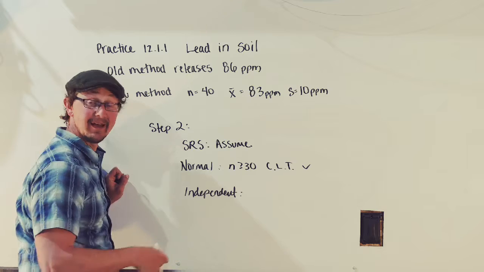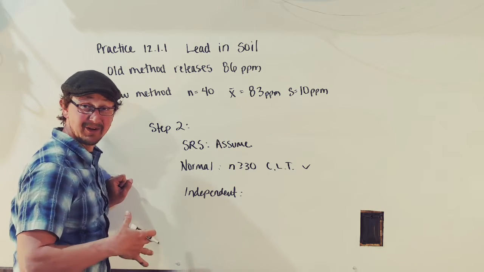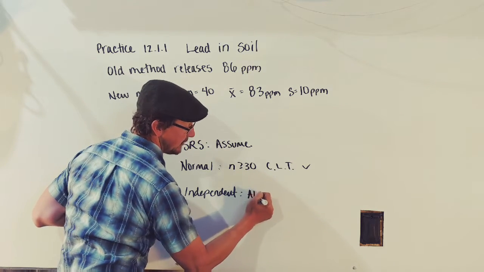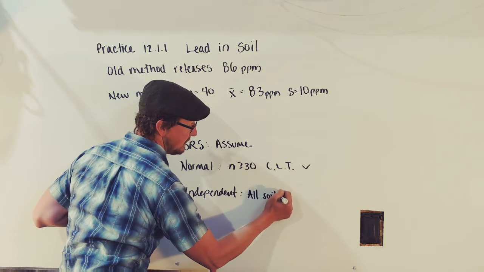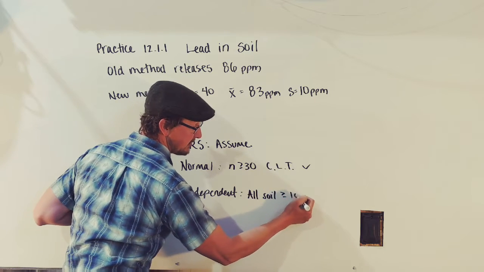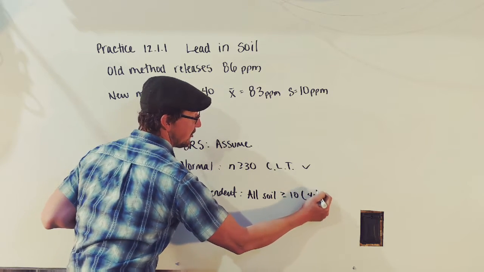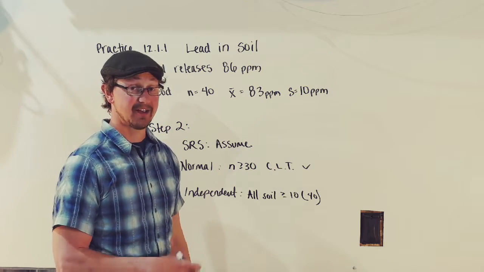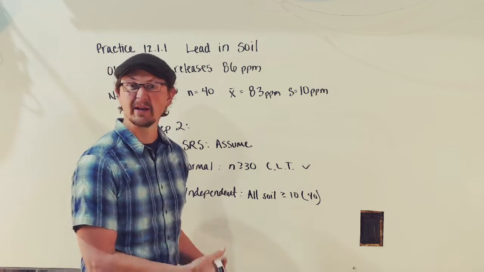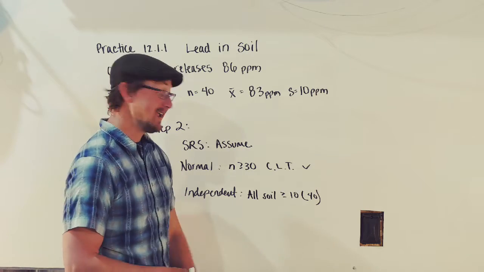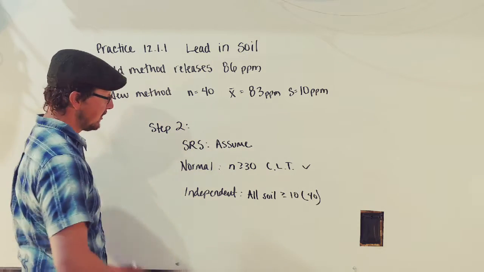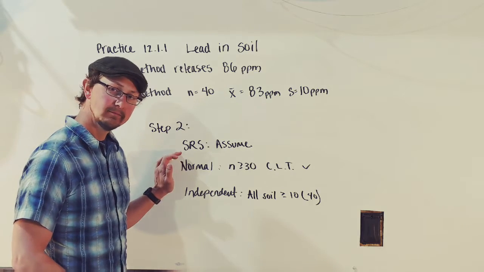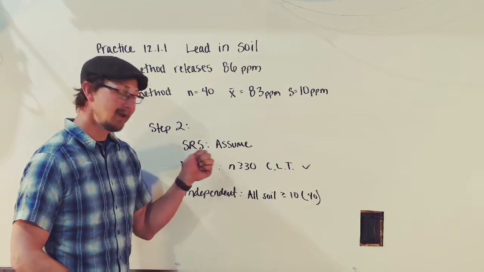And for independence, mining removes a lot of material from the earth, so we can say all soil is definitely greater than 10 times the 40 samples they took. There's a lot of stuff that they can mine, so independence is a non-issue. Aside from the simple random sample, our conditions are good to go. This might come back to haunt us, we'll see.